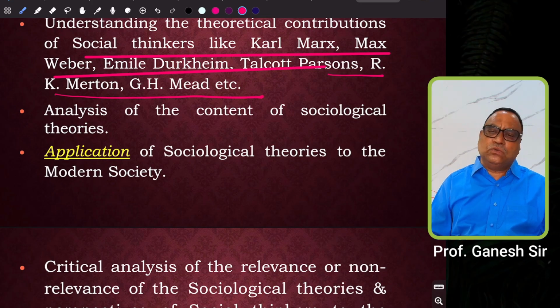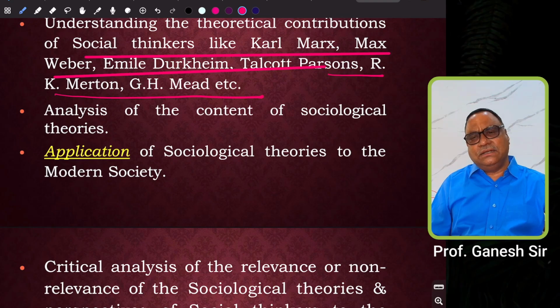Then with regard to social change, there are theories like the evolutionary theory of social change discussed by Auguste Comte, Herbert Spencer, Emile Durkheim, then the functionalist theory of social change discussed by Talcott Parsons, then the conflict theory of social change discussed by Karl Marx, then the world system theory of Immanuel Wallerstein, then the dependency theory discussed by A.G. Frank.